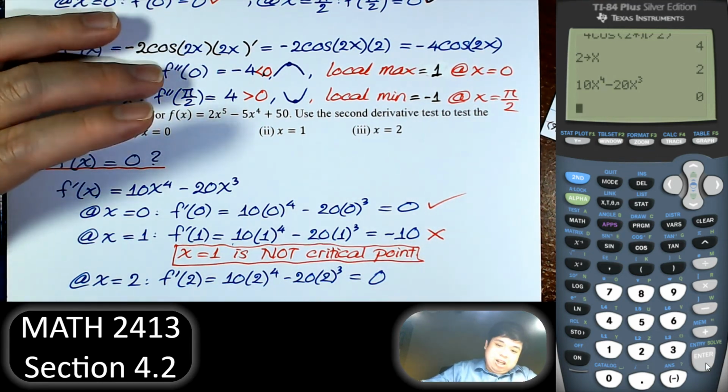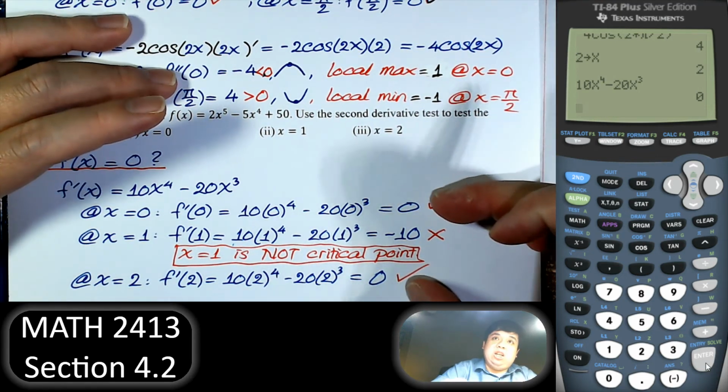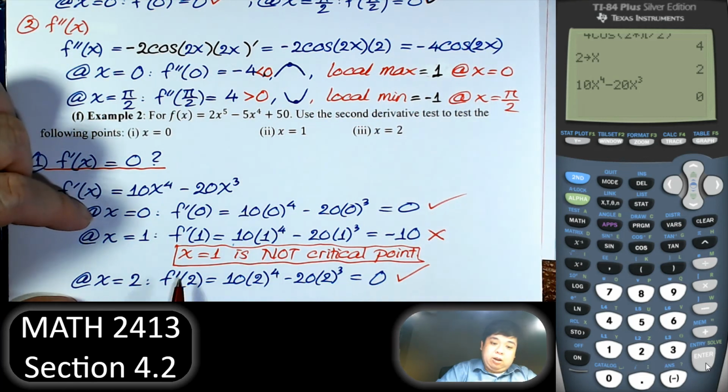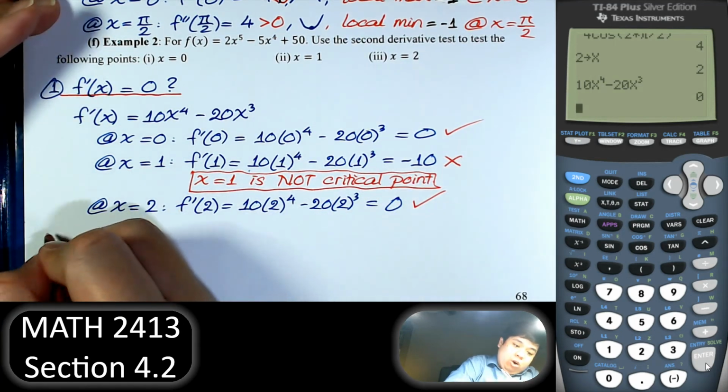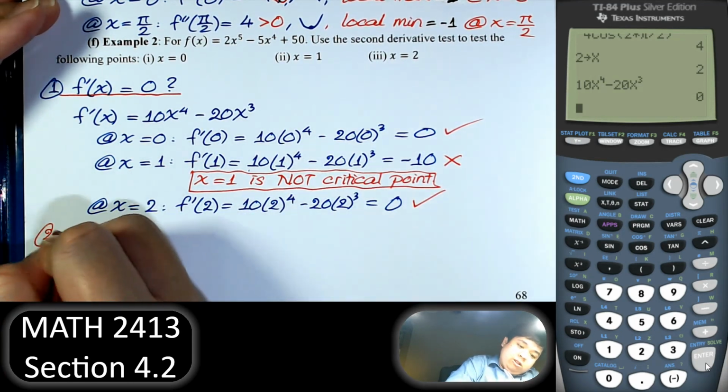So yes, that's good. We can continue with these 2 points. x equals 1 is not a critical point. We're not going to test for the second derivative when x equals 1. Only test these 2 points.